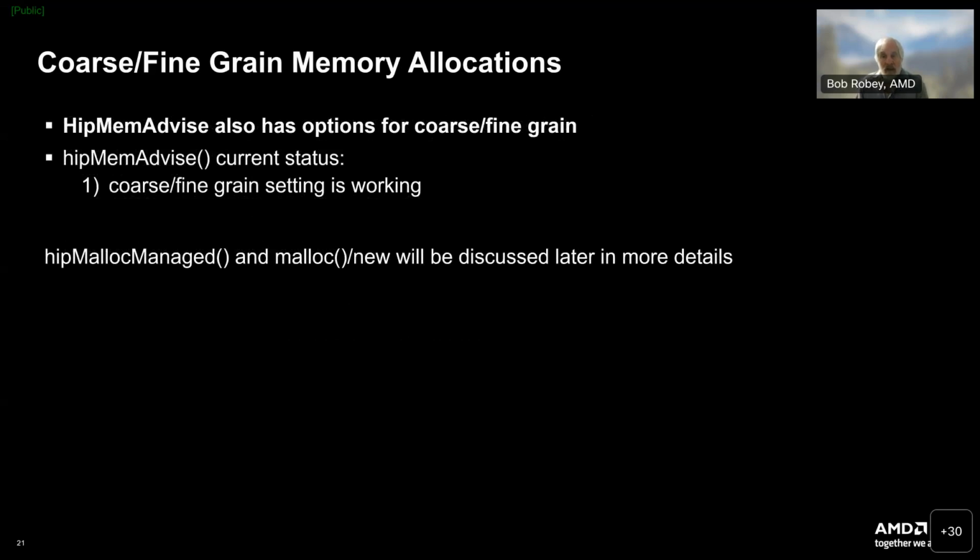We can modify that characteristic using hipMemAdvise. So if we want to use one of those other allocators, we can change it with a hipMemAdvise call. Now we have to be a little careful. Not all of those memory allocators can be used this way.